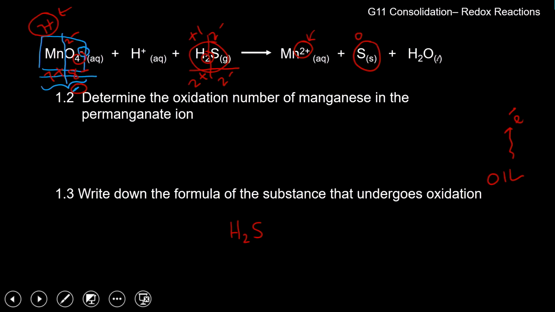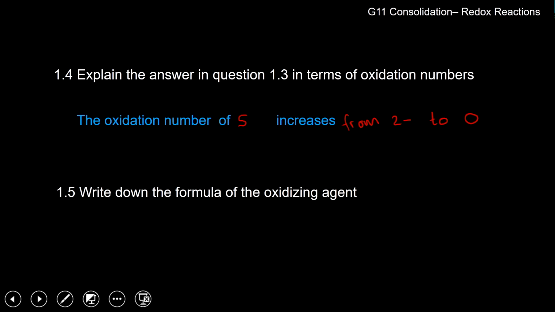The oxidation number is reducing. So that is the thing that is being reduced, the manganese in the permanganate ion, and so it is going to be the oxidizing agent. So we're going to write this down. It is MnO4 minus. That is the oxidizing agent.